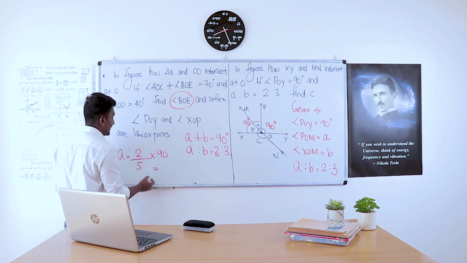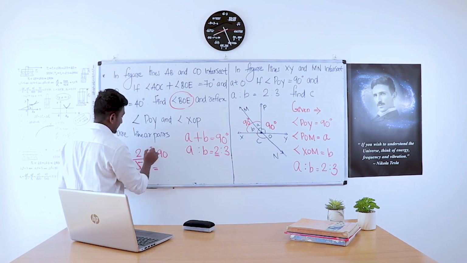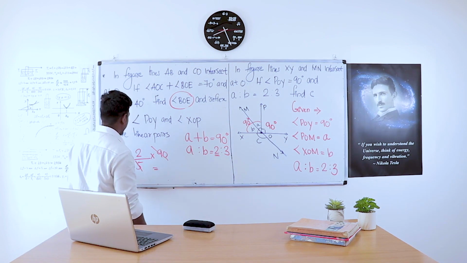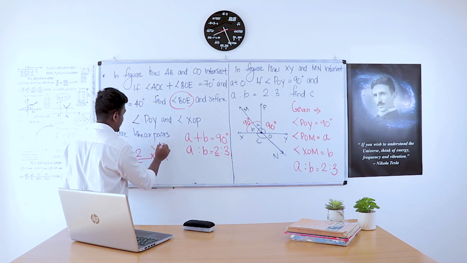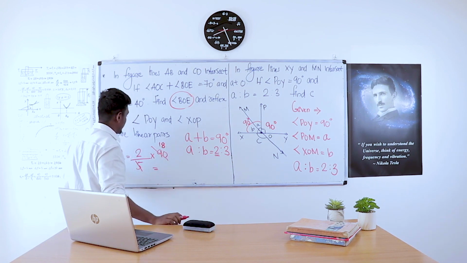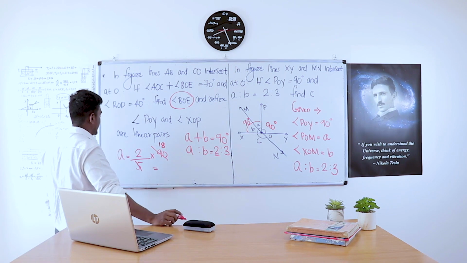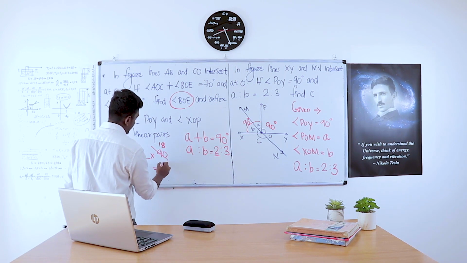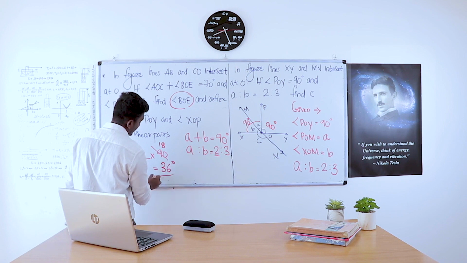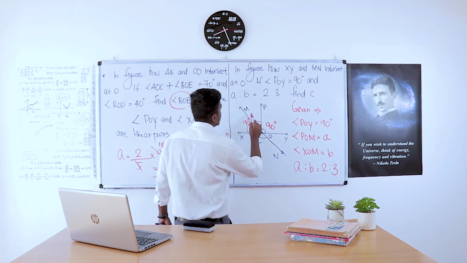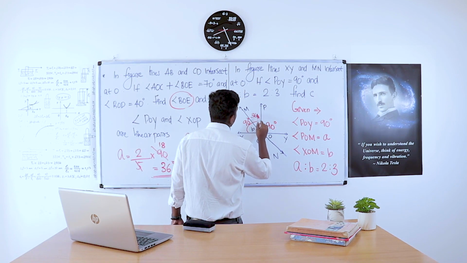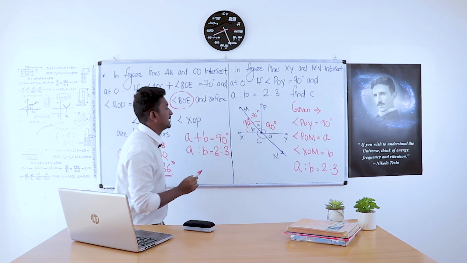That is 2 by 5 into 90, which is 90 by 5, that is 18. Then 2 into 18 is equal to 36 degrees. We got the value of A as 36 degrees.